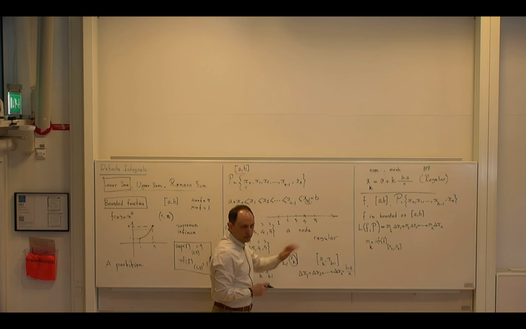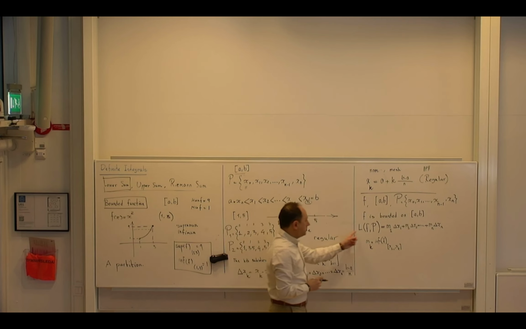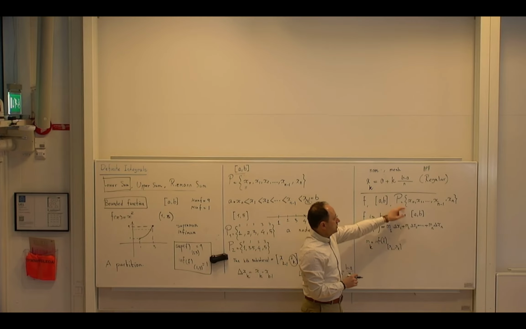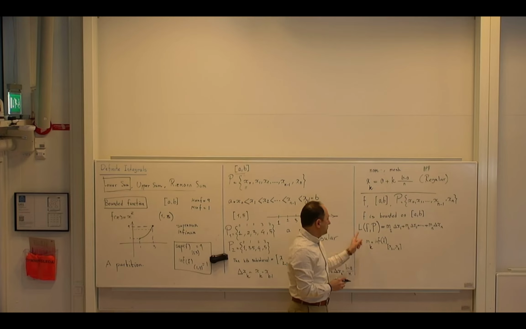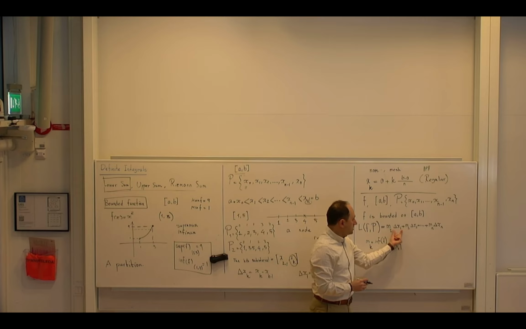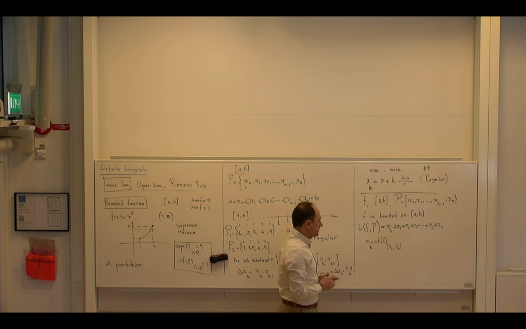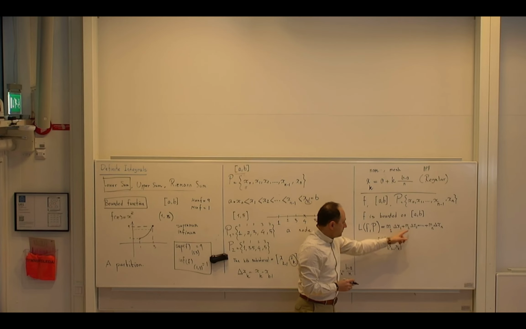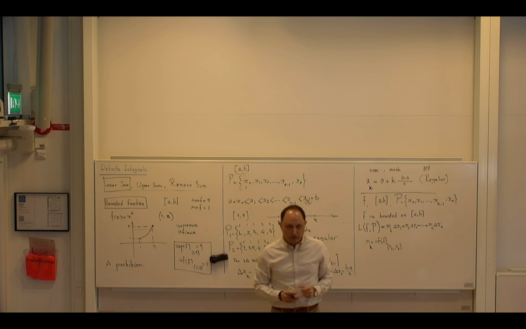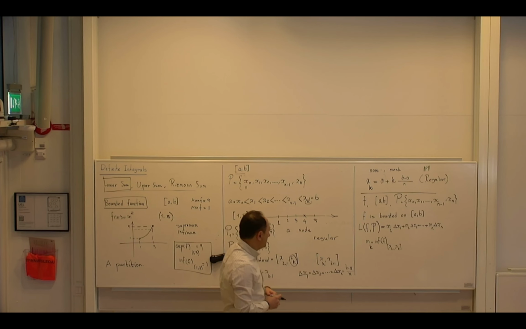I will motivate that. But writing the lower sum is an extremely easy task. A function which is bounded on a closed interval is given, a partition is also given, then you're supposed to find this number. Delta x's are the lengths of the corresponding subintervals, and these m's are infimums. For your course, most of the time, instead of infimum, say minimum. There's no difference, but the correct one is the infimum.